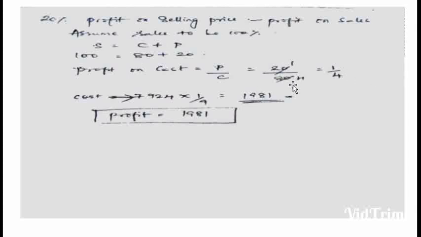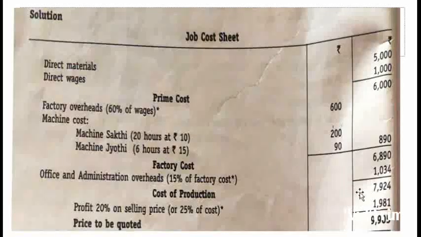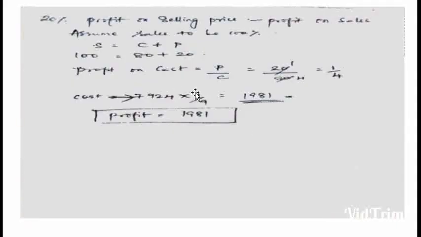As you know only cost, you need to calculate in this way, profit divided by cost. So 20 divided by 80, 20s are 1, 20s are 4, which is 1 by 4. So as you know your cost, which is 7,924, 7,924 into 1 by 4 will give you the profit value 1,981. So this is how you will find out your profit calculation.